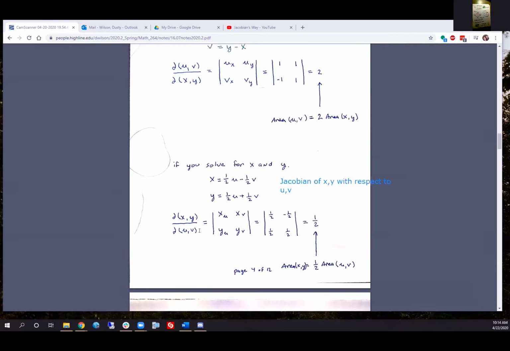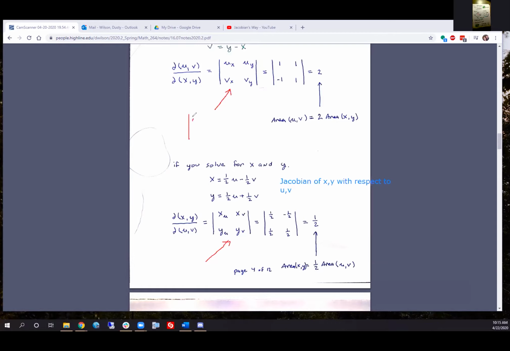All right. Are there questions about how to set up this Jacobian formula? One piece of good news about this formula is that you could also do the transpose.